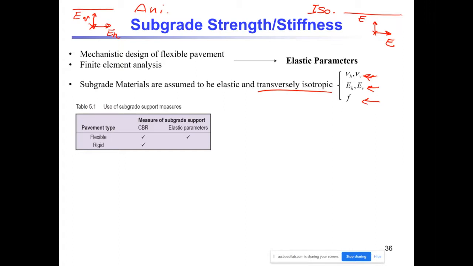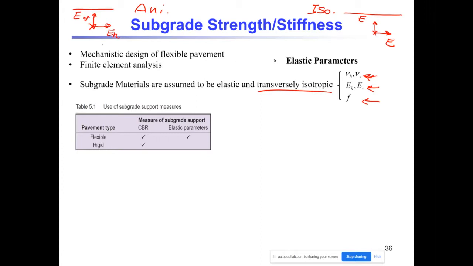The reason for this is that the material parameters actually are stress dependent. You remember that from soil mechanics or from the fundamentals of geomechanics. And you remember that in different directions, the stresses are different. You remember Mohr circle.